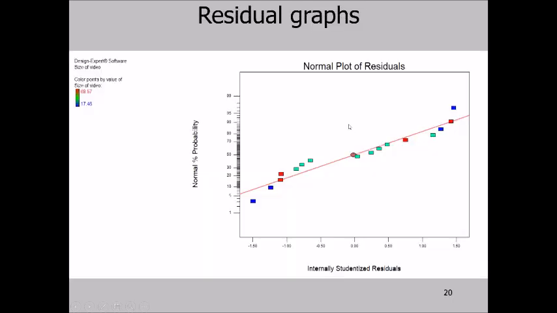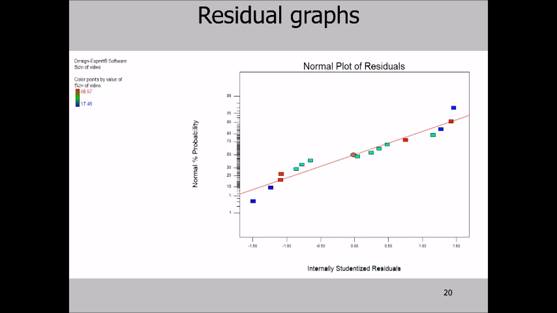This is the normal plot of residuals. What does residual mean? Residual is nothing but the difference between the observed values and the predicted response. What we predicted and what we observed.